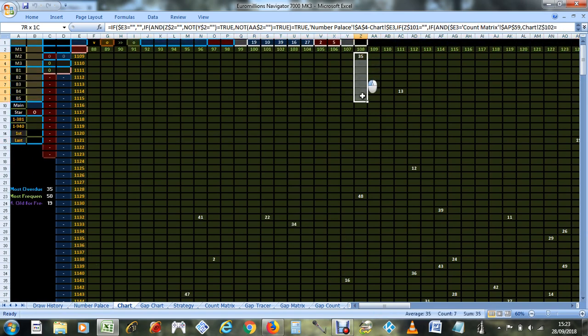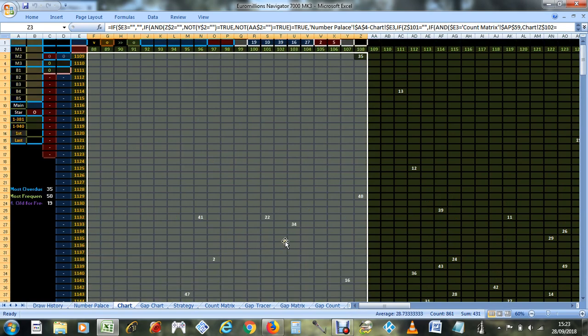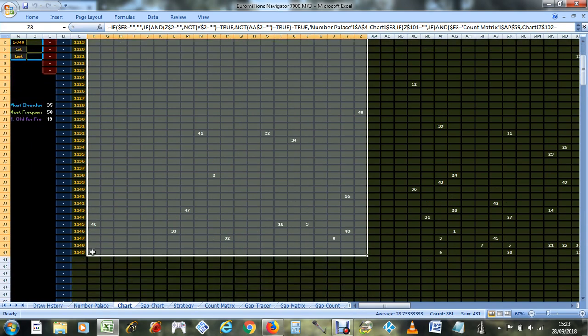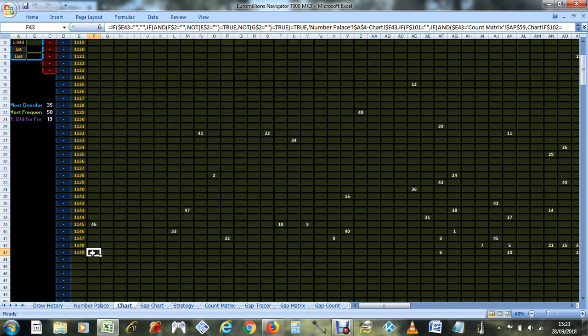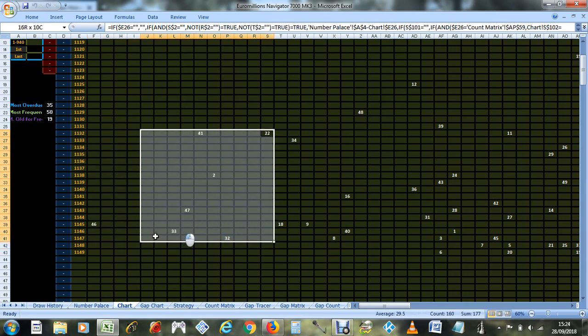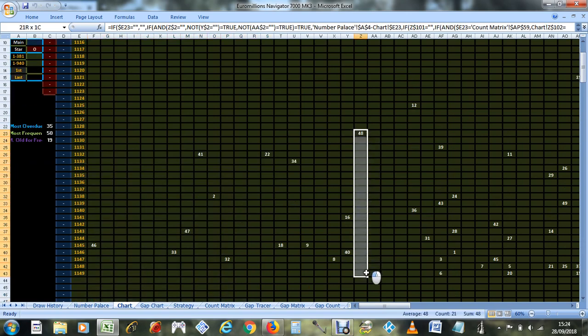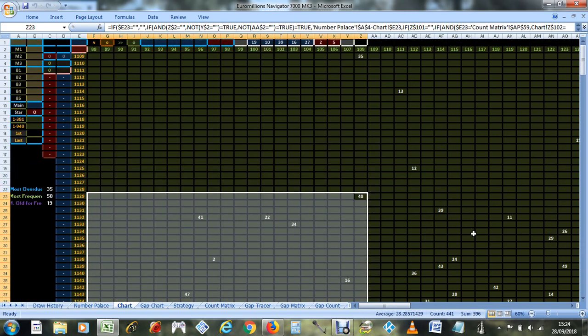So for instance, I would look at the size of this area, the area of the square that goes from the most recent and least frequent corner of the chart to wherever the number is. And so what I do is I measure this area and I measure the area for each number and compare them to see which one's the biggest.